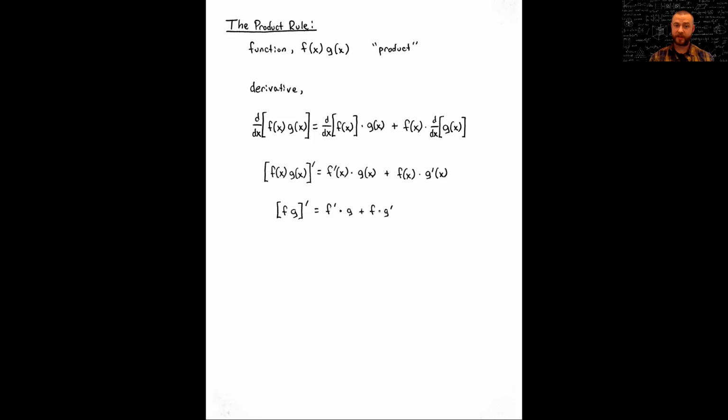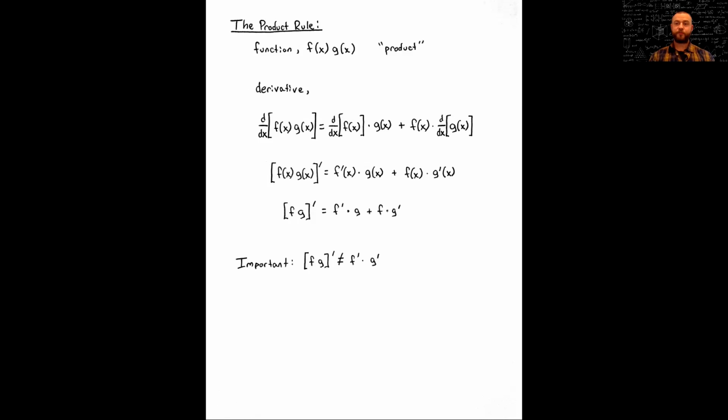Okay, now if you haven't paused to copy these down, definitely do so. I'll give you a few seconds. All right, and we'll take a look at why the product rule can't be the version that we want, just simply differentiating each factor. So let's pause to state an important idea, a very common misconception of what the product rule is.